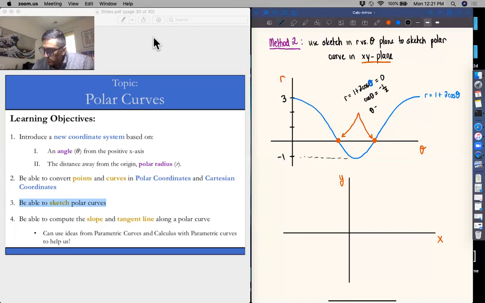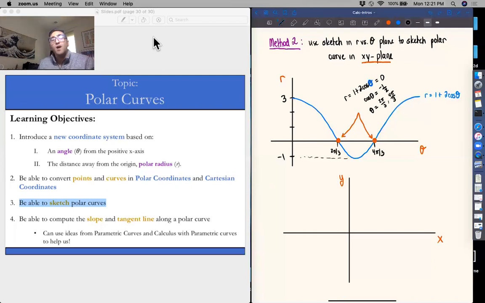So those 2 points must be theta equals 2 pi over 3 and 4 pi over 3. All right, so those 2 angles are 2 pi over 3 and 4 pi over 3. So maybe I'll just go ahead and write those down.